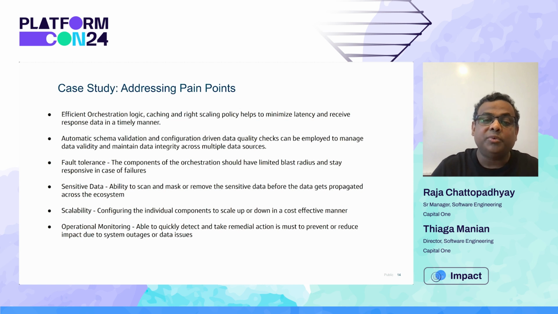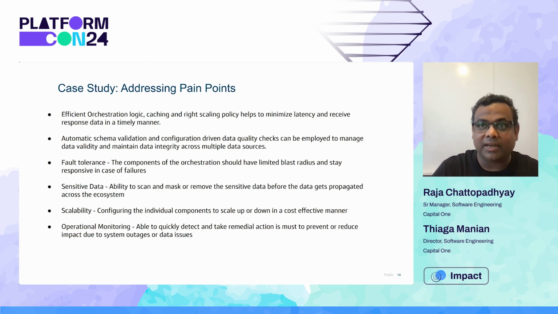Fault tolerance: the components of the orchestration should have limited blast radius and stay responsive in case of failure. Sensitive data, this is from our experience, it can happen at any point of time, because we do not control the data that is coming back from the third party vendor. If something sensitive is coming which we are not expecting, we should have a system in place to check that kind of scenario and take appropriate action.